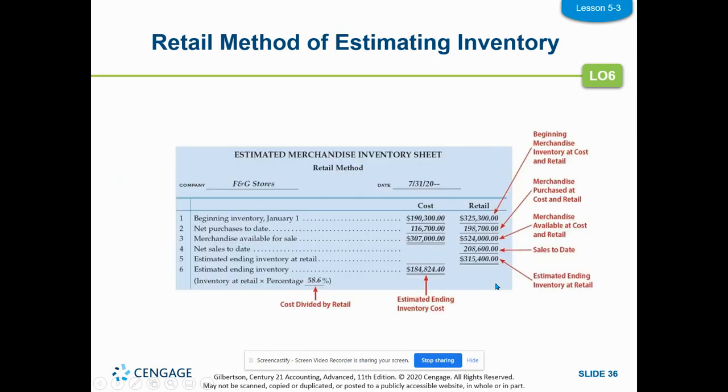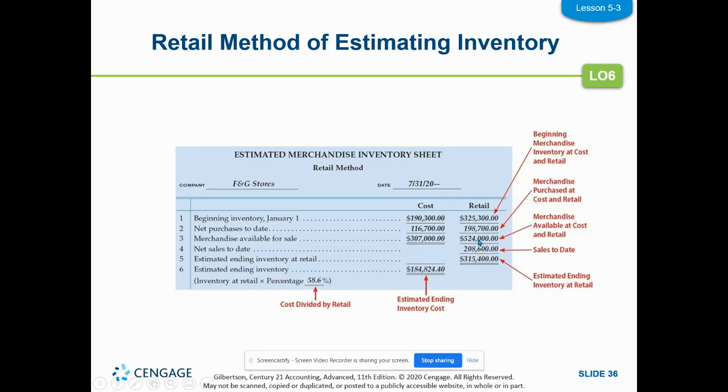The retail method is a little bit different. This is how much it would be worth on the market at retail. That's why they call it cost at retail. And then we have how much our net purchases would cost us, and then our sales to date.